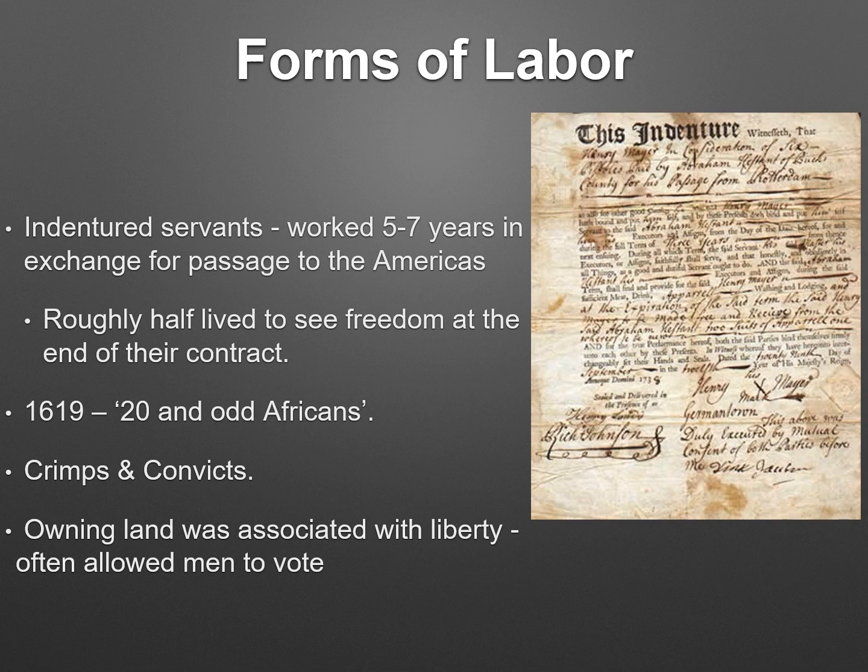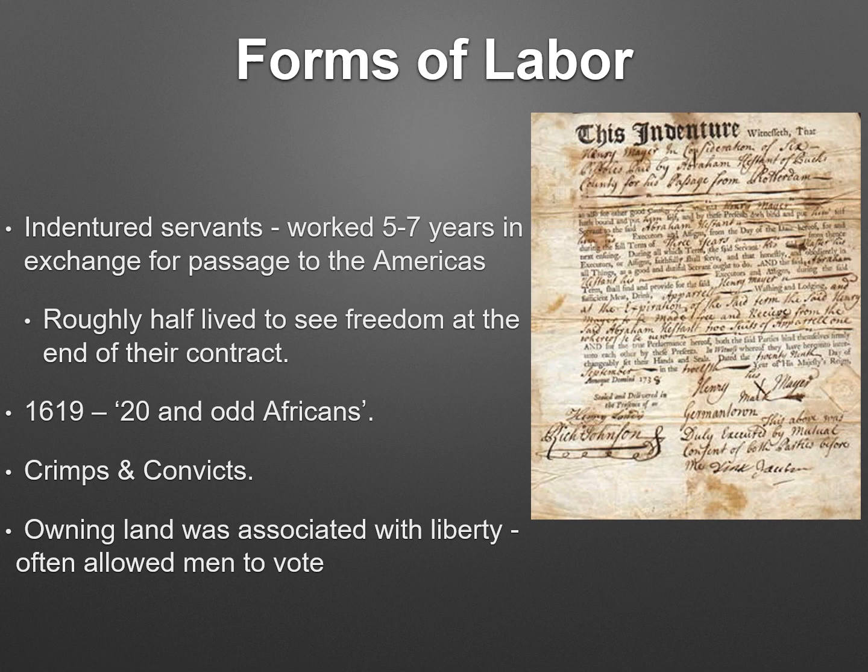So the indentured servant system came into existence. This was a system where you would enter into bondage for a period of time between 5 and 7 years. You agree to work for someone else. That person will pay your way across the Atlantic, give you food, give you water.